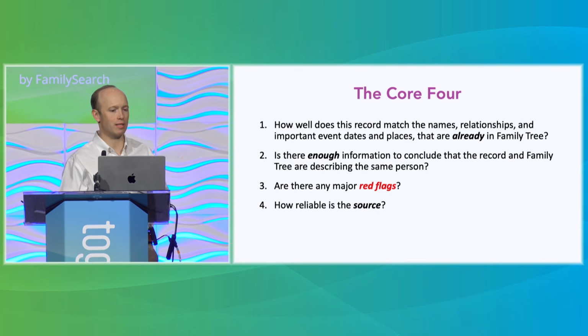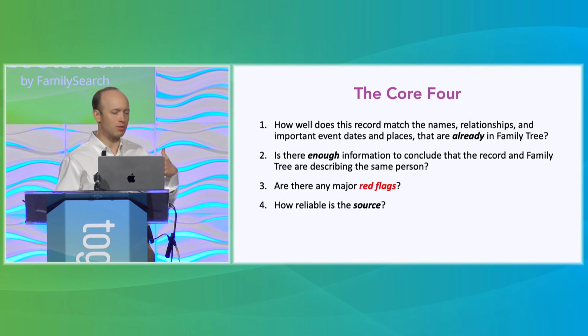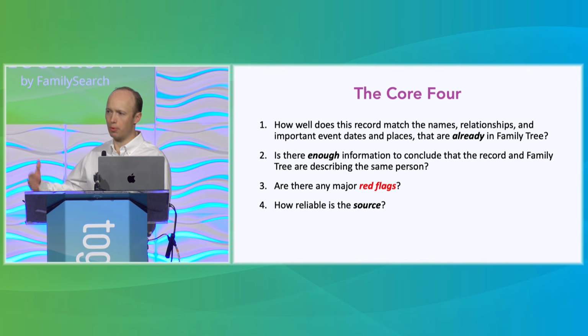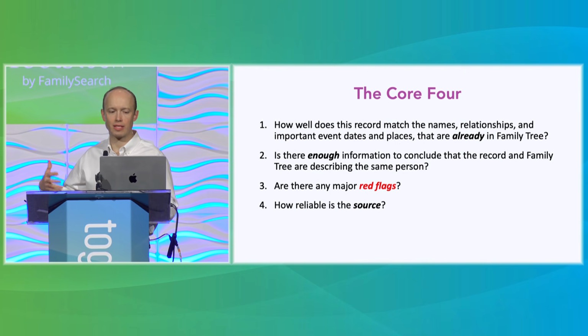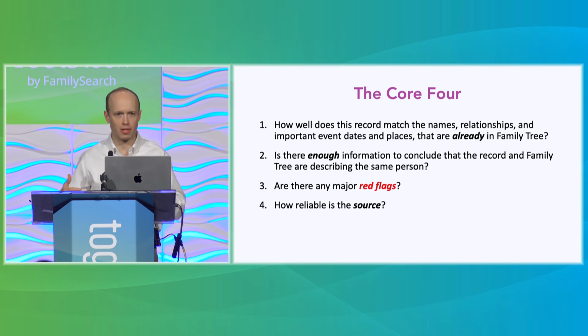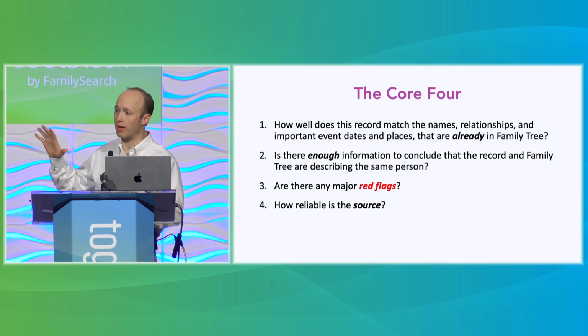Number one is, how well do the names, the relationships, the important events and their dates and places align to the information that's already in Family Tree? This is actually a research methodology called the family handprint or family fingerprint.